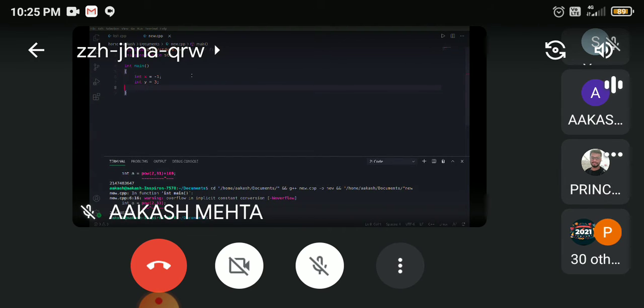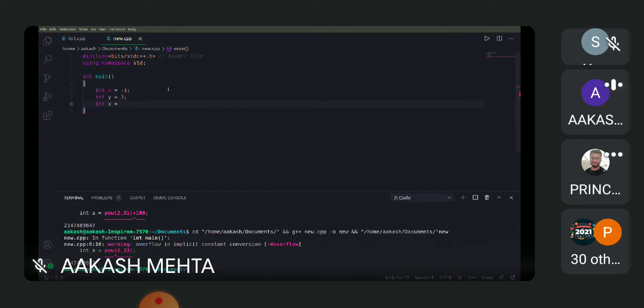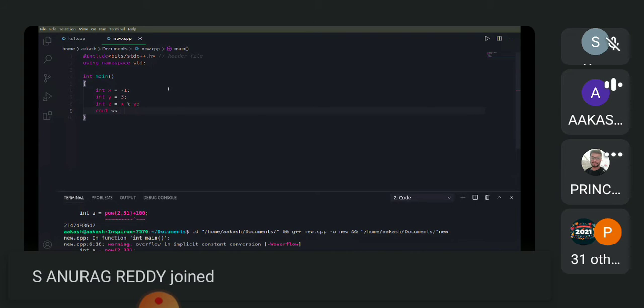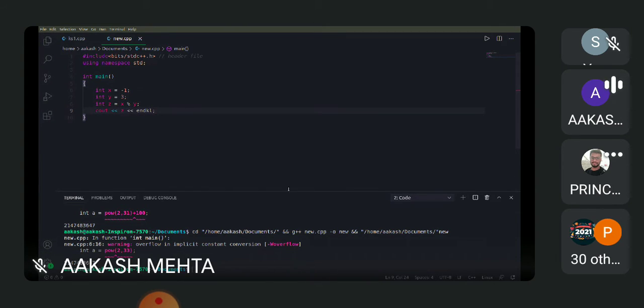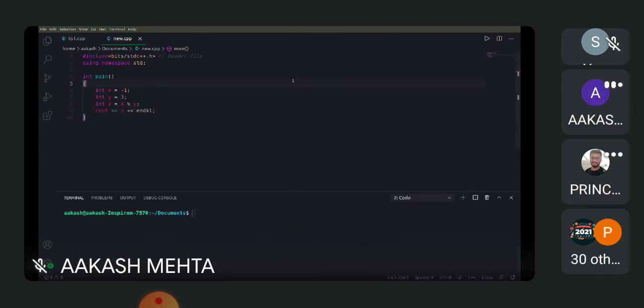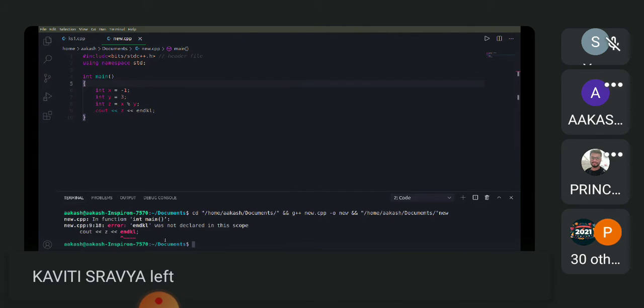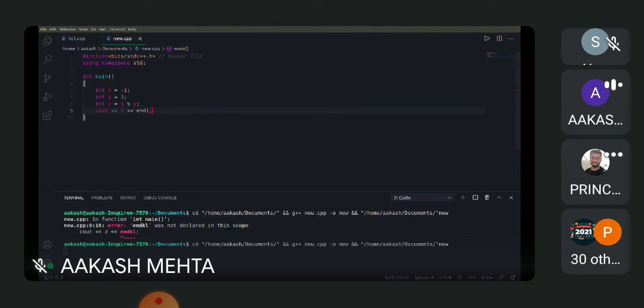Let me store int z equals x modulo y. So when I run my code, okay, so it's minus 1.